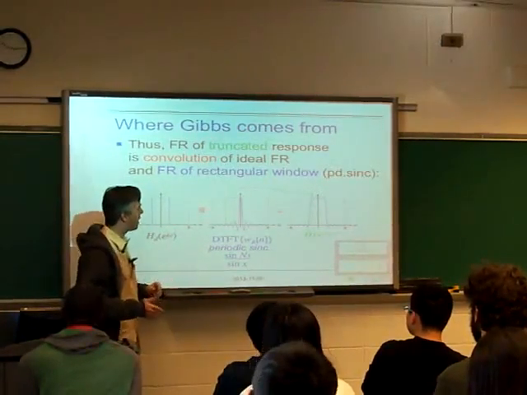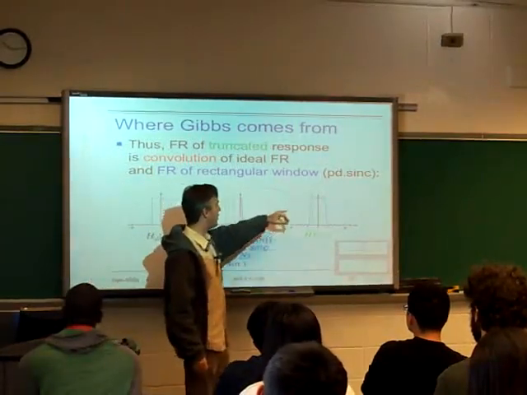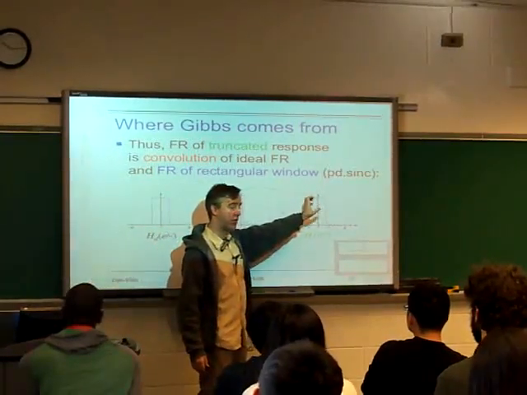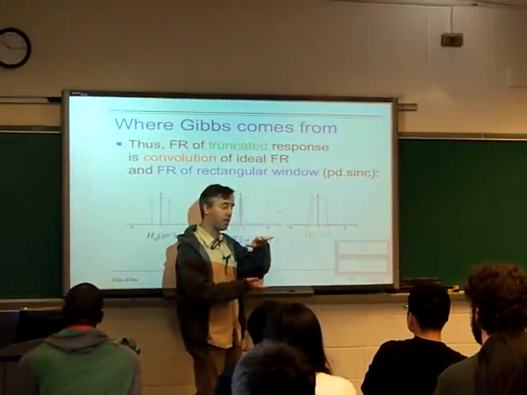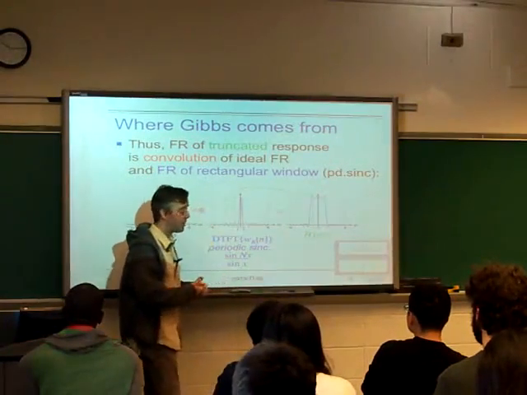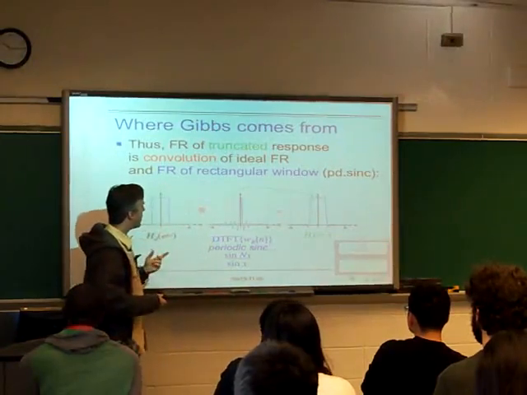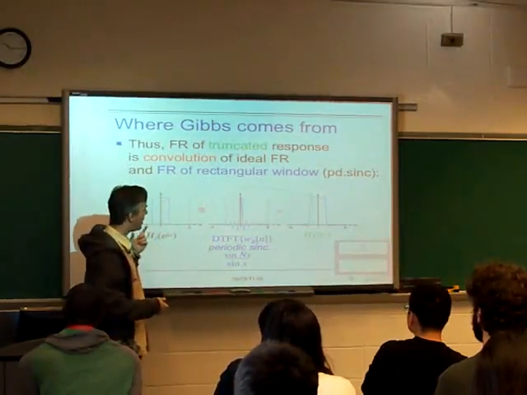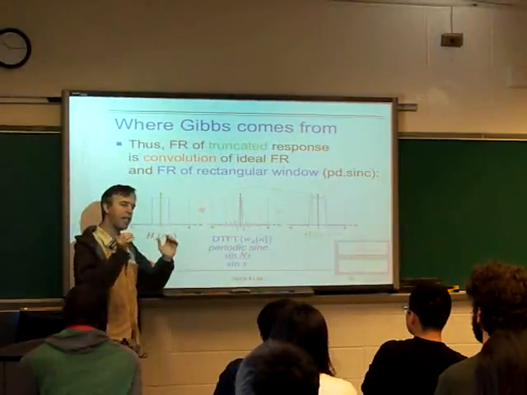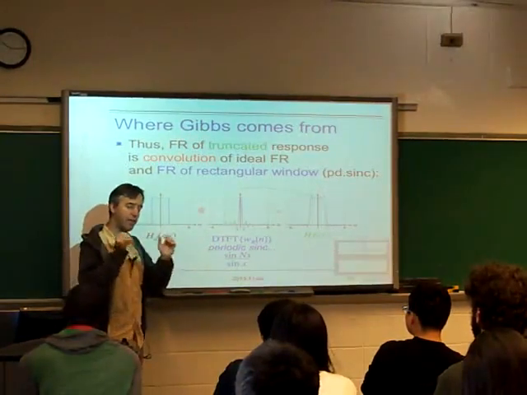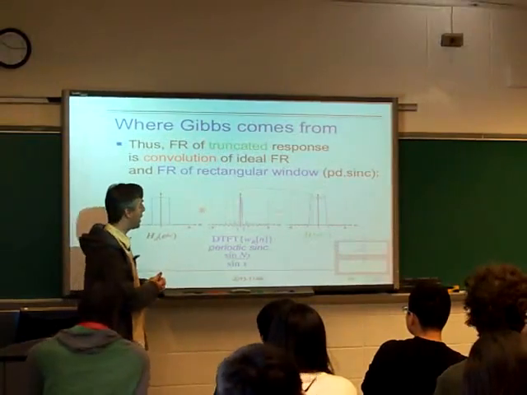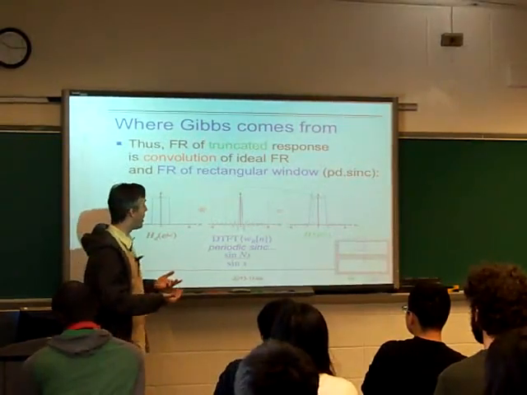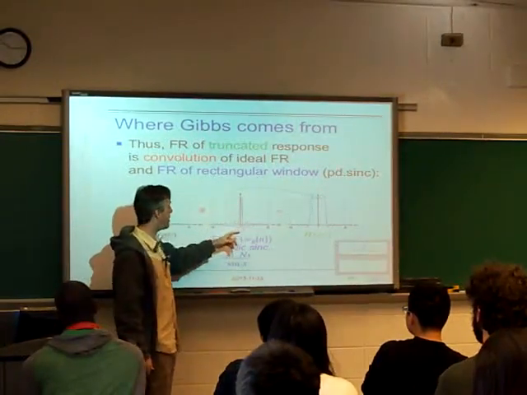And so that's probably not what we want, because we've got this kind of 10% error, which we don't actually reduce. We just reduce the range of frequencies that it occurs over, but we can't reduce its absolute size, which is typically a problem. But it raised the question of where that comes from. If we're truncating this ideal impulse response, we're really just multiplying it by a rectangular window in the time domain. Multiplying in the time domain is the same as convolving in the frequency domain.